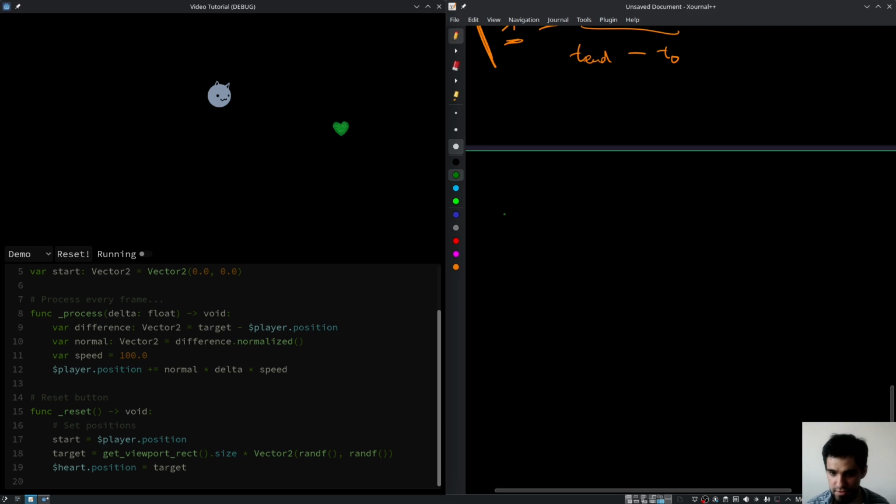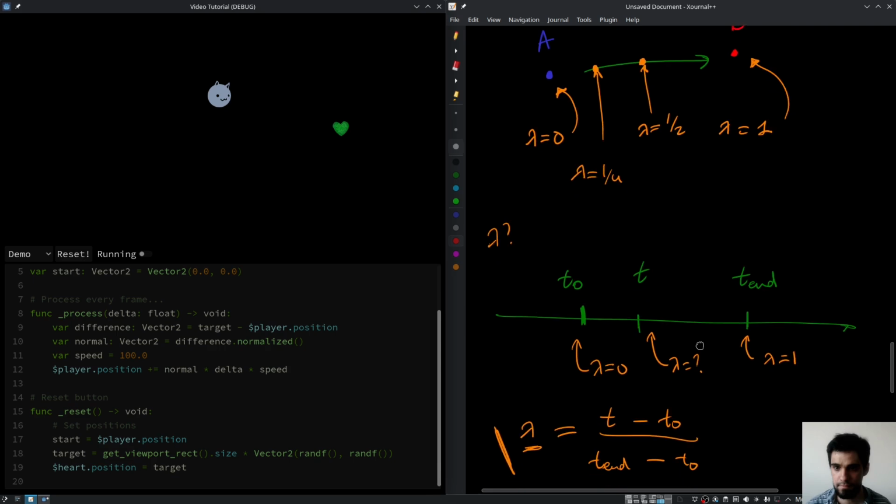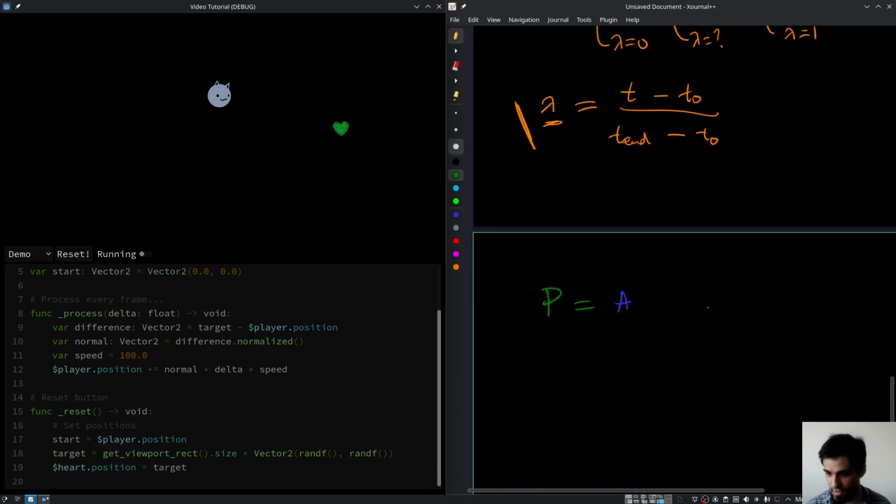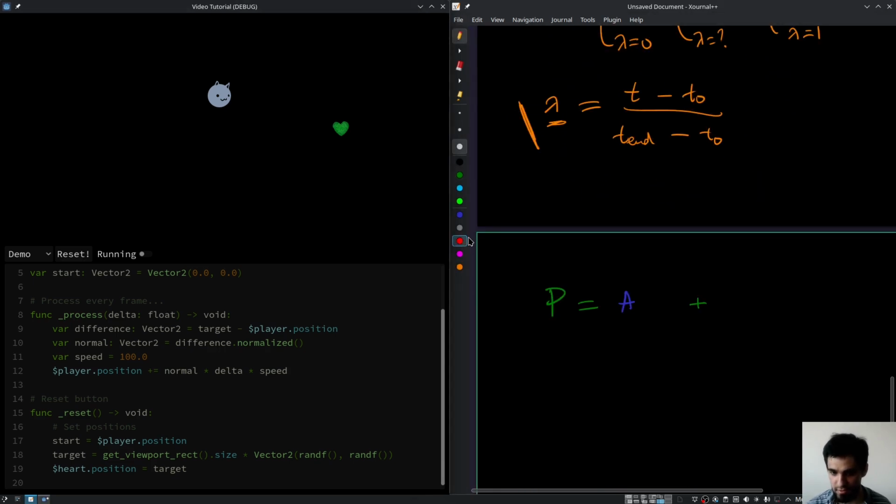And so now my position, which is going to be P, is going to be equal to the start position, which is A, and the end position, which is B. We want to multiply them by something, so that when lambda is equal to 0, we have A, and when lambda is equal to 1, we have B. So what I can do is multiply A by 1 minus lambda, and B by lambda.